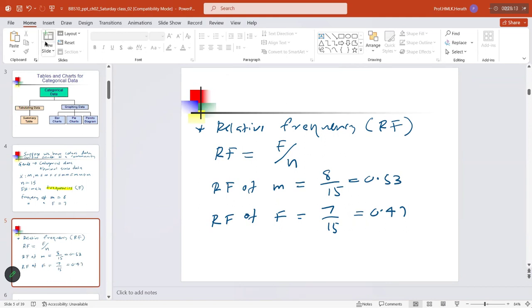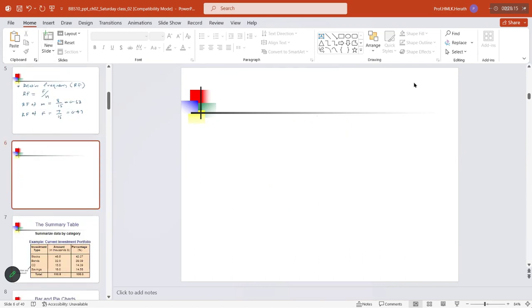In addition, we can estimate something else called cumulative frequency. That is the sequential summation of your data. Say we have education level data with three levels: high education, medium education, and low education.